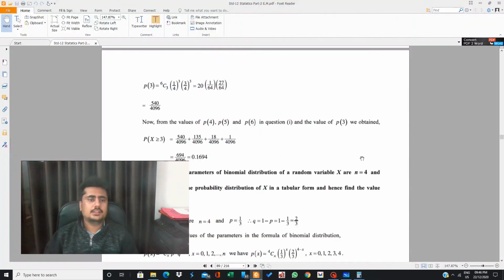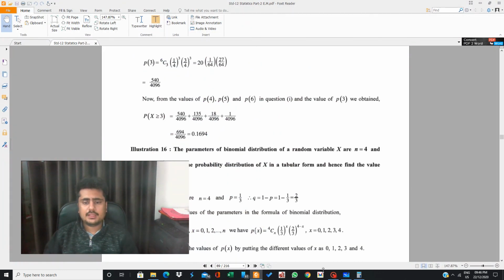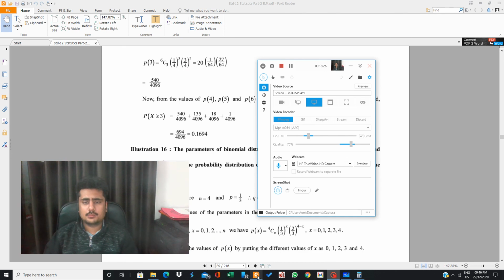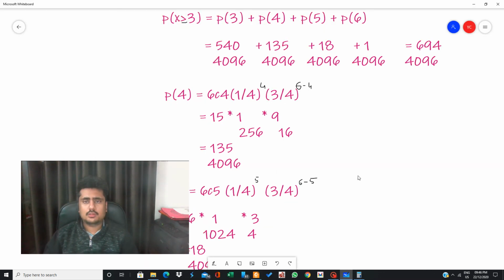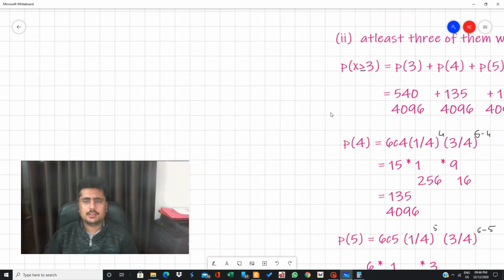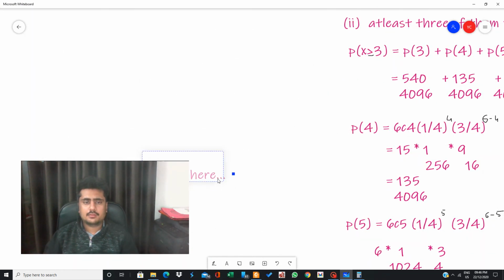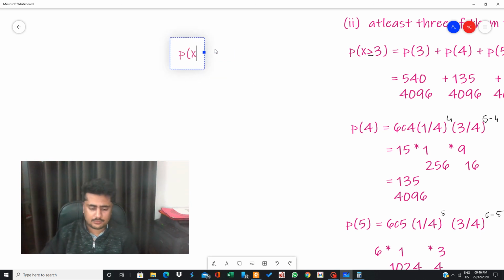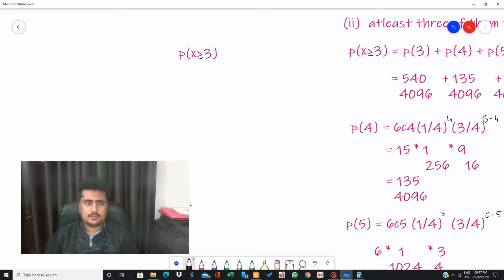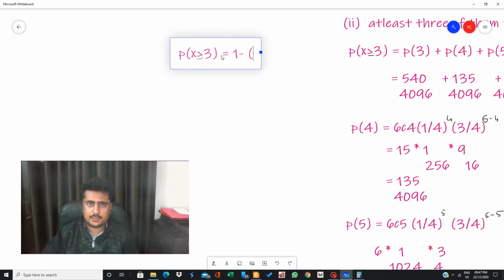So we have solved this sum. There is another method also to solve this sum. If you want to find P of x greater than or equal to 3, we all know that the total of all the probabilities is always 1. What we can do, we can subtract P of 0, P of 1 and P of 2.